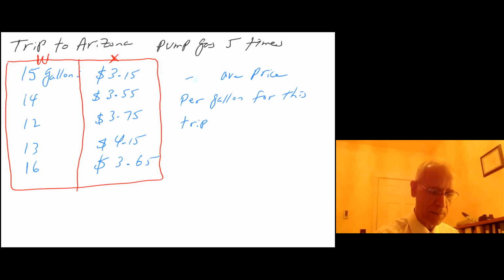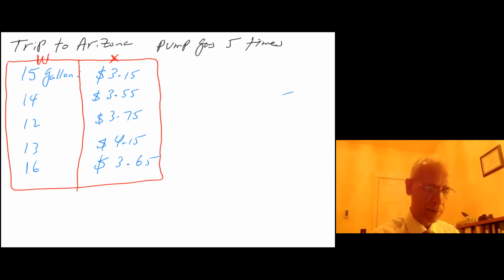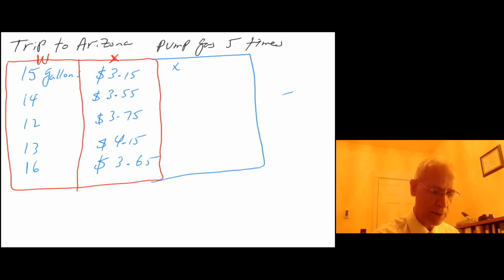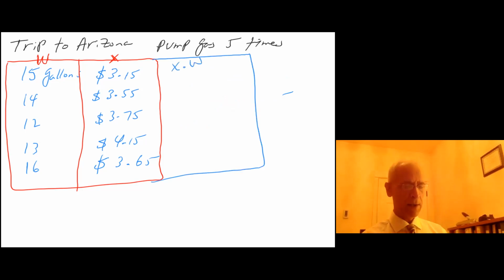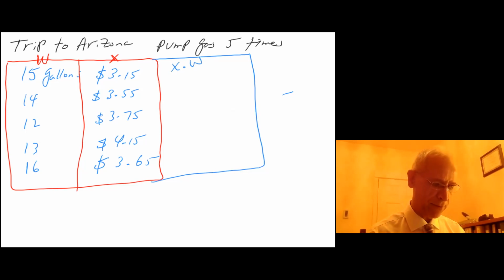So let's do X times W. $3.15 times 15 is 47.25.